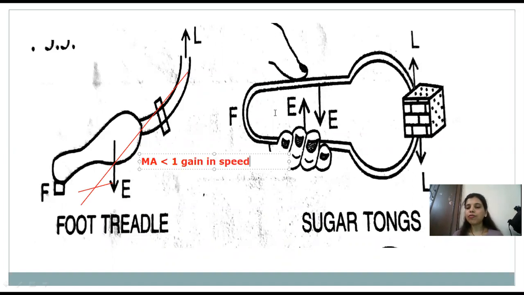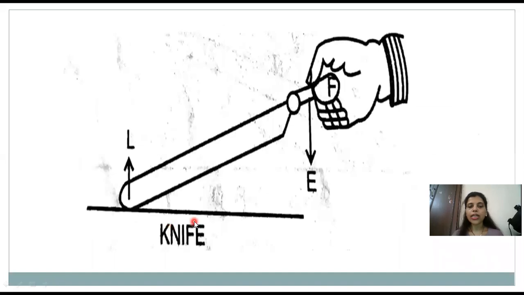Similarly, for sugar tongs, you can see that when you're marking the length, from the fulcrum till the load, from the fulcrum till the effort, here also load arm is greater than effort arm. So MA is going to be less than 1, and that's why it is gain in speed. Okay, children. Now the next figure, the knife.